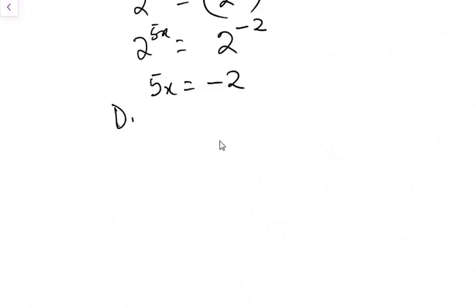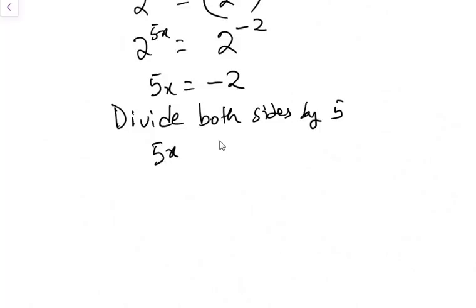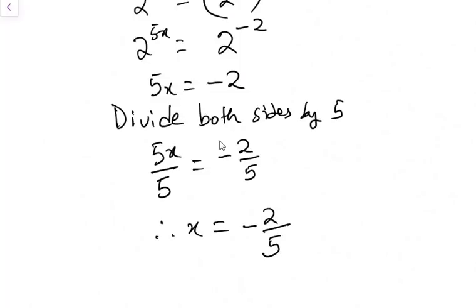We apply that algebra concept. To determine x, we divide both sides by 5. So 5x over 5 and minus 2 over 5. So therefore, x will be equals to minus 2 over 5.